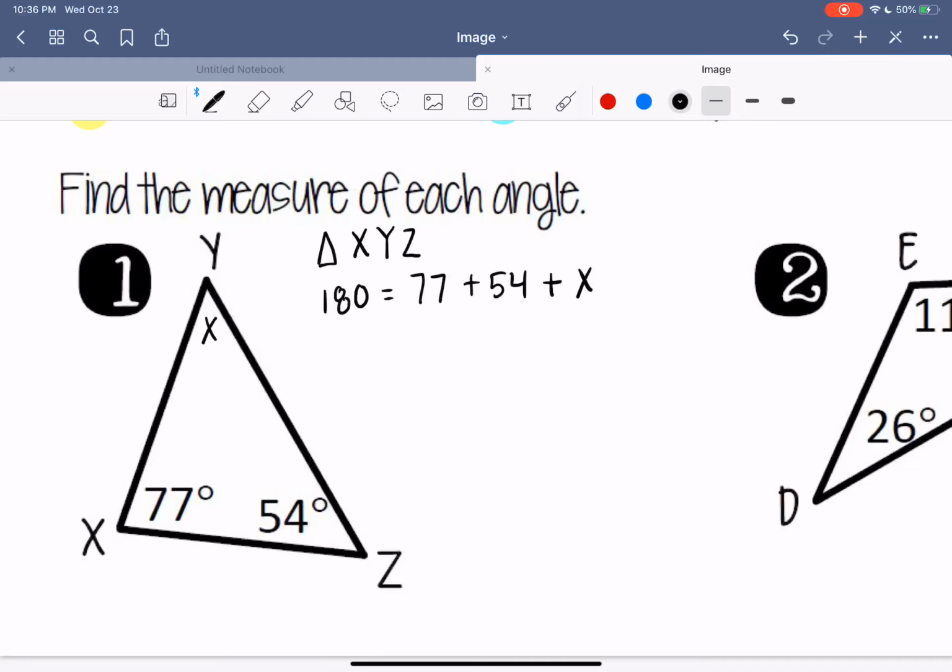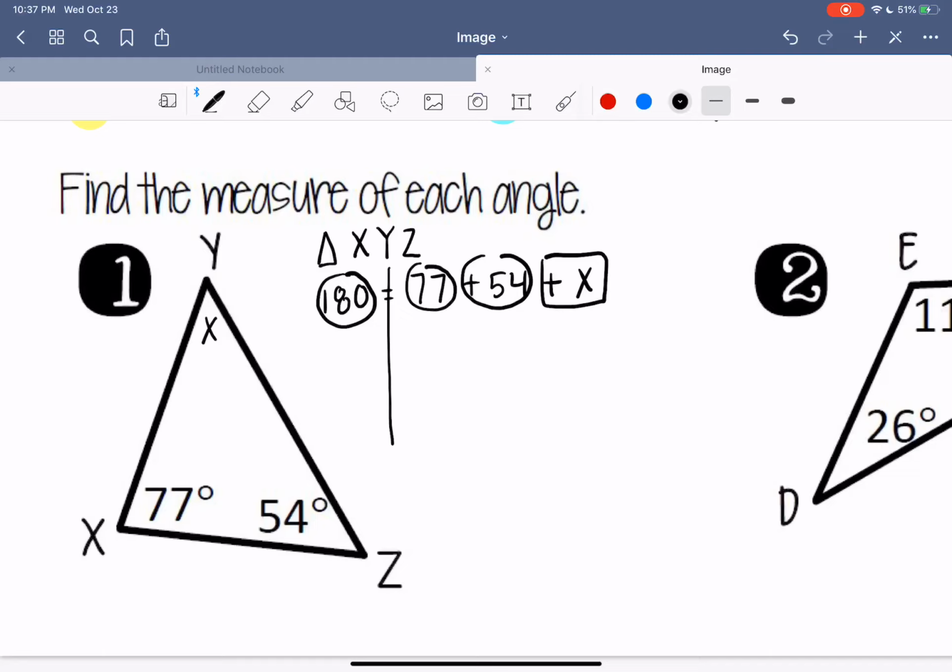So when we're looking at an equation, we're going to want to combine our like terms without changing any signs. So in this equation here, we have some like terms. I'm going to circle my constants and box my variables so I can see where my like terms are, kind of like we did in the word problems.